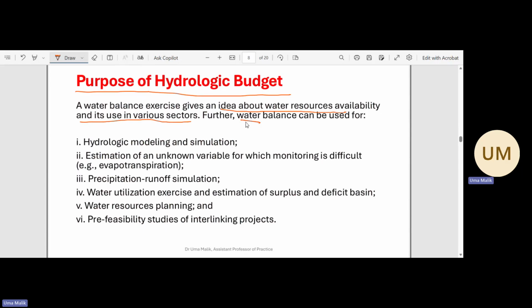We can use the balance equation for hydrologic modeling and simulation, estimation of unknown variables like evapotranspiration, precipitation and runoff simulation, water utilization exercise, how much is being utilized, and estimation of how much do we have, how much do we need, how much is the gap, water resources planning, and pre-feasibility studies of interlinking projects.